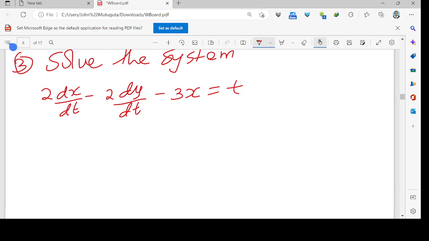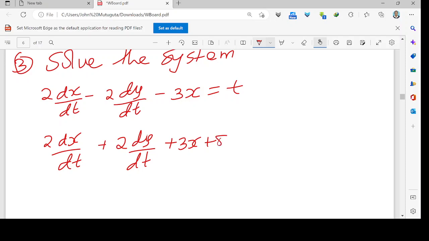The second equation is expressed as 2 dx by dt plus 2 dy by dt plus 3x plus 8y is equal to 2.